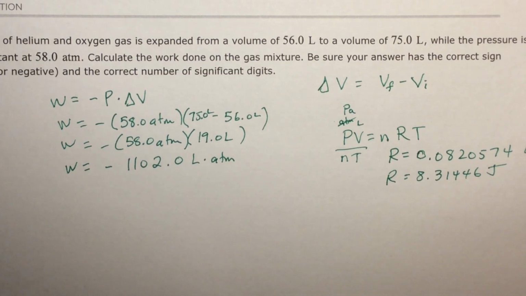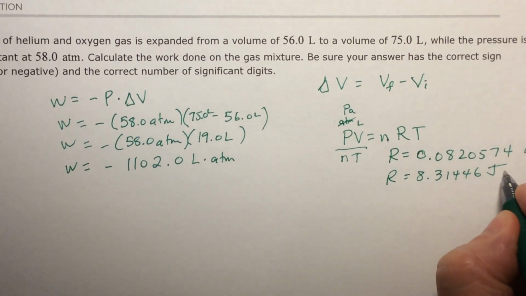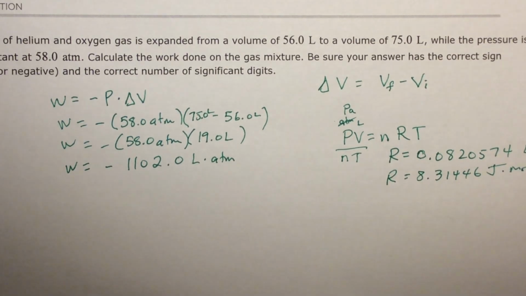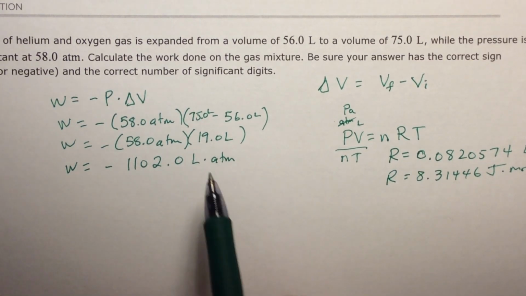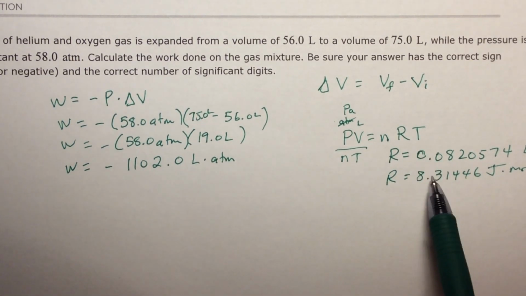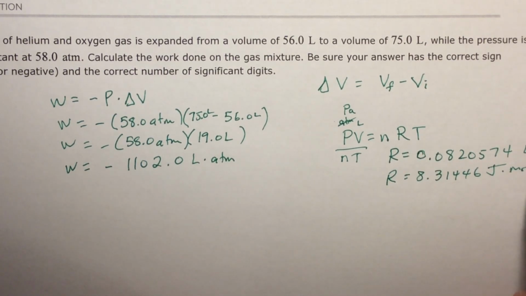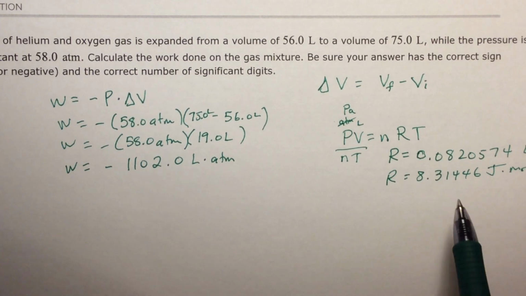Pascals or, in this case, joules will be the same. So these two R's are the same value either way, depending on what units you have. These two things are equal to each other.